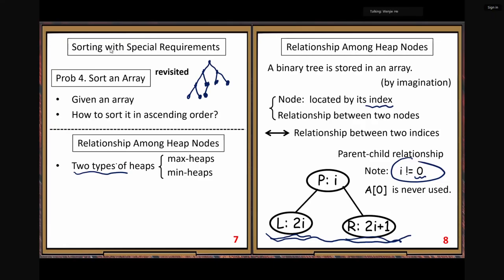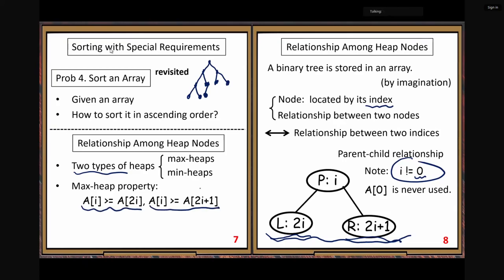So from this name, the max heap property is that the value of the parent node should be greater than or equal to the values of both child nodes, left and right. That's the max heap. Min heap is just the opposite, less than or equal to.